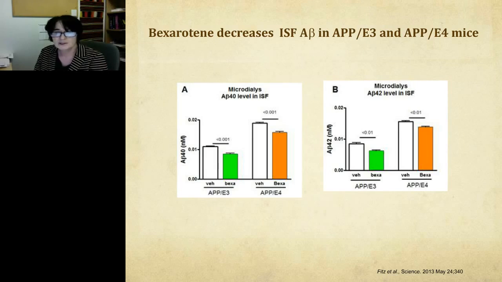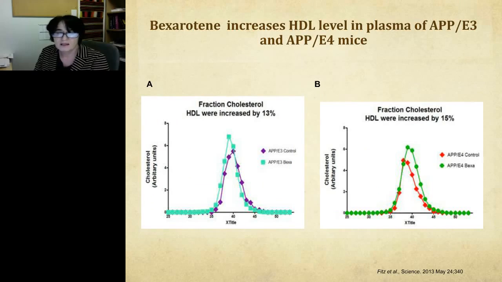On panel B are shown results of ELISA for A-beta 42, and again A-beta 42 was decreased in APOE3 mice and APOE4 mice. The conclusion is that bexarotene treatment decreased soluble A-beta level in the interstitial fluid of APP mice expressing APOE3 and APOE4. Lastly, we measured the effect of bexarotene on HDL level in plasma of the same mice.